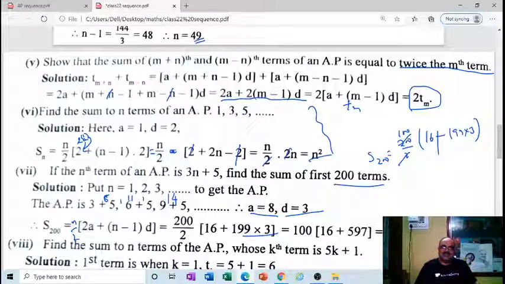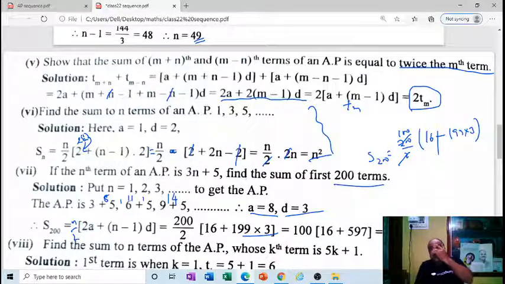Isn't it very simple? Actually, other than calculation, what else exists here? They have given 3n plus 5 as the conditional value for the series, and we have considered n values as 1, 2, 3, which is the natural series. From that, the AP series is generated. So the first value itself is 8, next value is 11, third value 14.